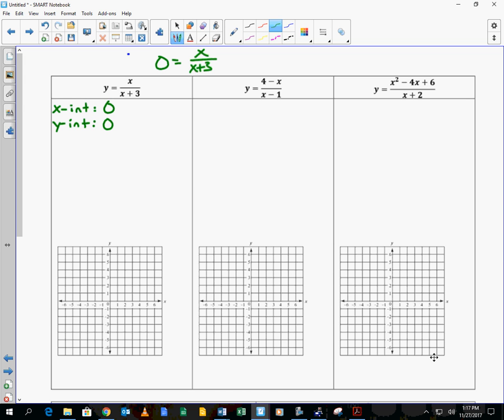And it says that we have x divided by x plus 3, so let's just divide it. What do you multiply x by to get x? 1.